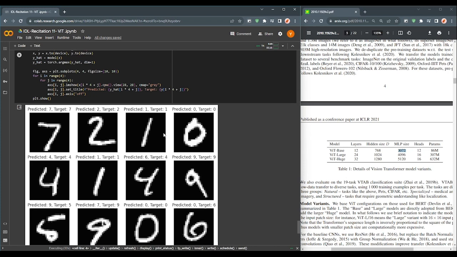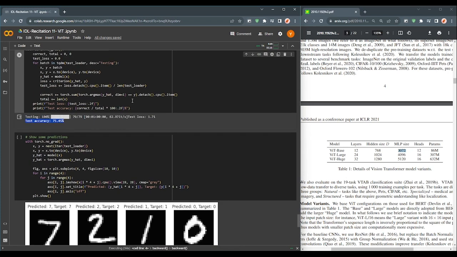The only difference is we need to patch the images and pass in those sequences of patches to the transformer, and the whole transformer block, the multi-head attention block, is similar to what we are going to use in the machine translation.